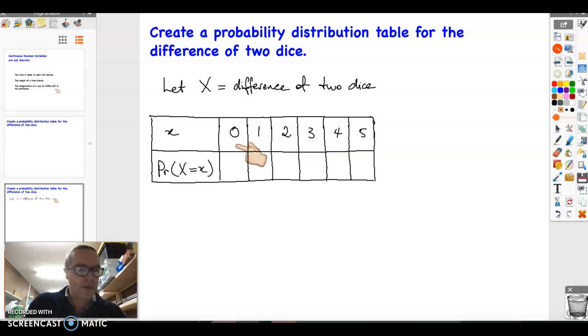If I roll a pair, the difference between those is 0. So I've got 6 distinct or discrete values that random variable can be. And below that, for each of those values, I'm going to express the probability that the difference will be that number.